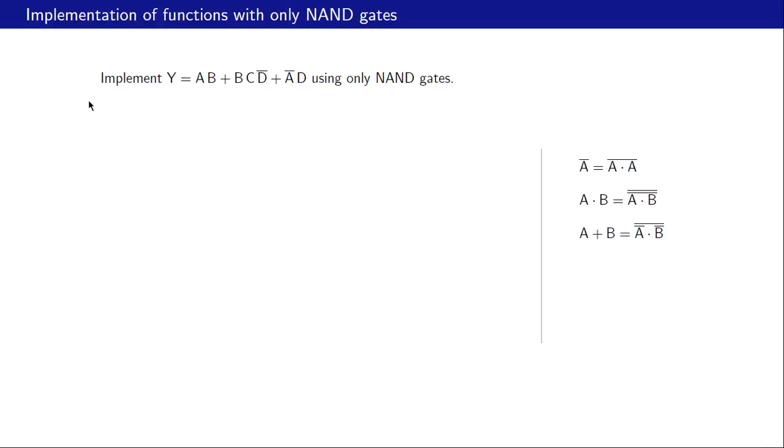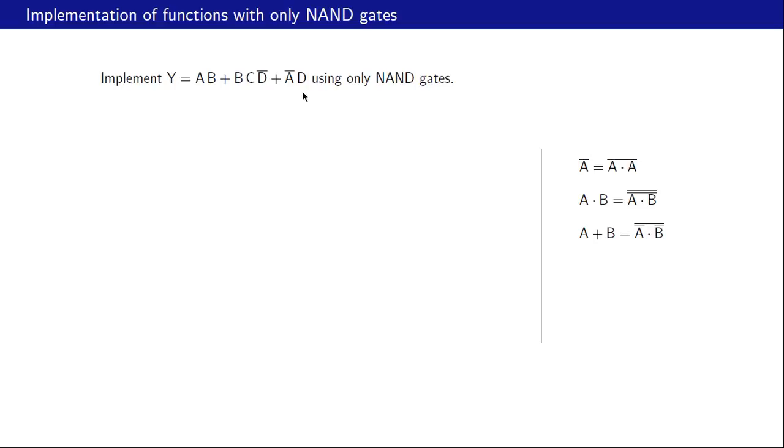Let us take up this exercise. Implement y equal to AB plus BC D bar plus A bar D using only NAND gates. And as we have seen in the last slide, this is how we can implement the NOT and OR operations with NAND gates. So for this function, what is our step number 1? Step number 1 is to implement this OR operation.